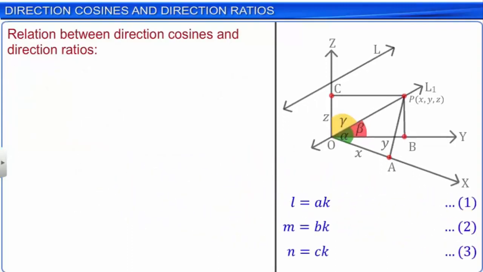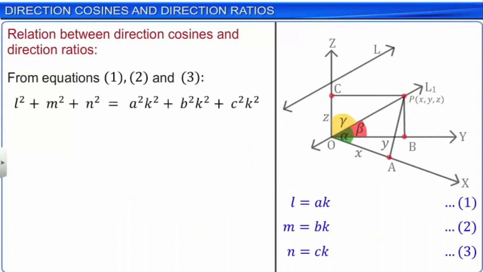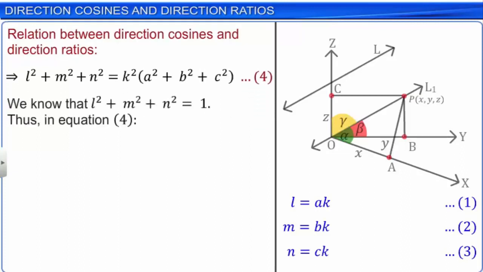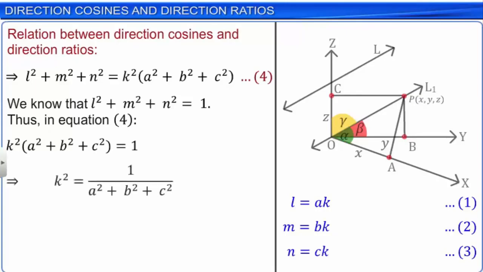Squaring and adding the values of the direction cosines of the line from equations 1, 2, and 3, and simplifying, we get equation 4. We already know that the sum of the squares of the direction cosines of a line is equal to 1. Substituting this value in equation 4 and simplifying, we get the value of k as shown in equation 5.